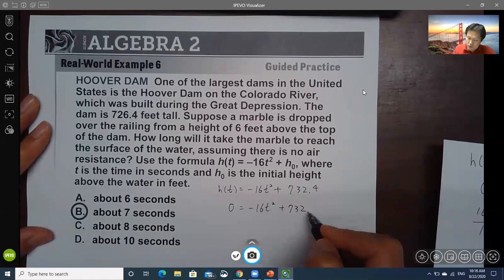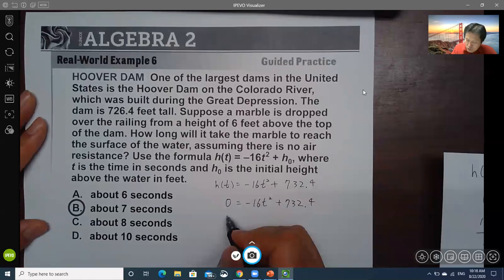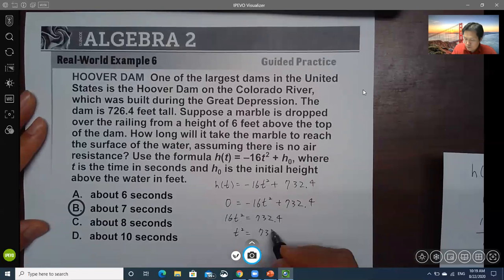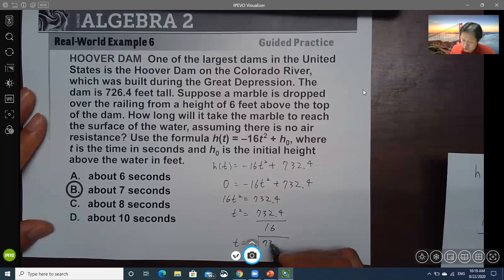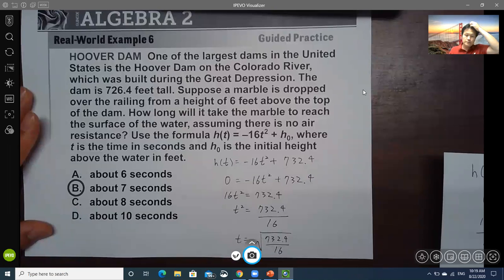Okay, solve for t, so move that over: 16t squared equal to 732.4. t squared equal to 732.4 divided by 16. Take the square root, plus or minus, but drop the minus because this is a time. Square root of 732.4 divided by 16. Put that into the calculator. You will get about 7 seconds.